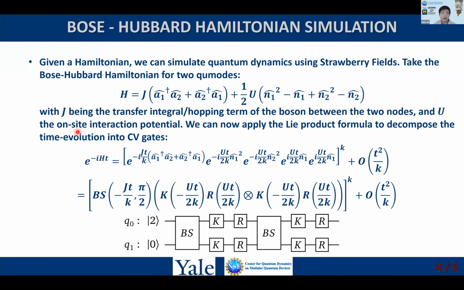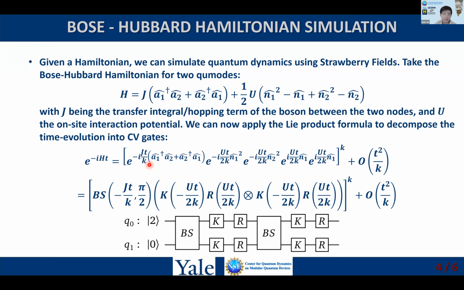And like before, we write the time evolution operator as such, and then we decompose the time evolution operator into smaller exponentiated operators that are equivalent to the continuous variable gates that are implementable on Strawberry Fields.